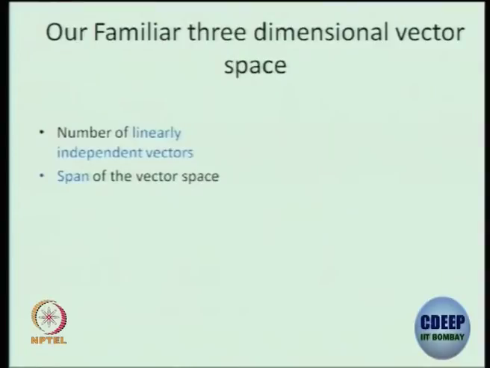Many times you won't even know what the dimension is, you have to figure it out in general, okay. So here the linear independence is the definition I have said, and you also have to know, if you are given a space, how do you span the space? How do you span the space?